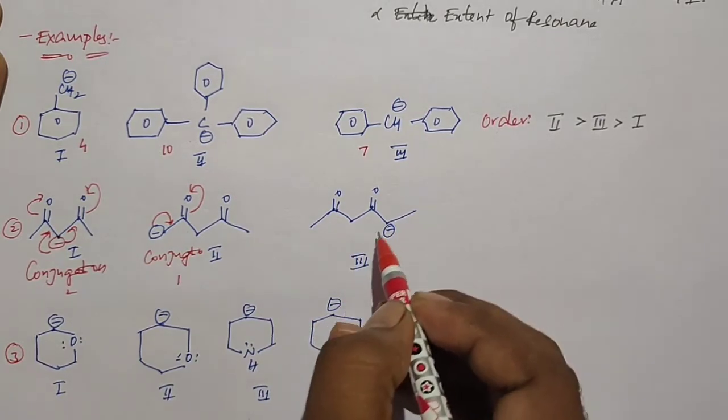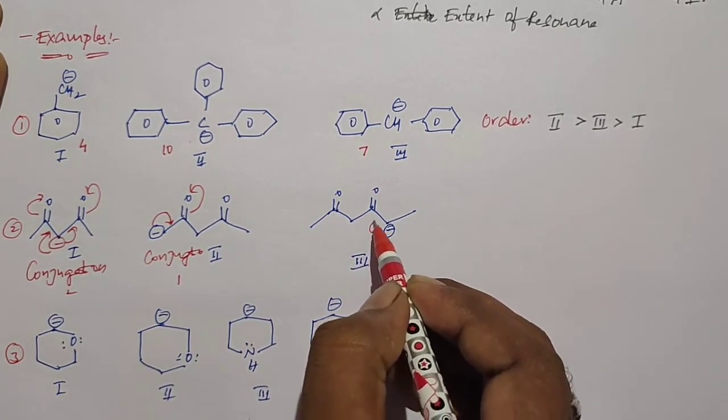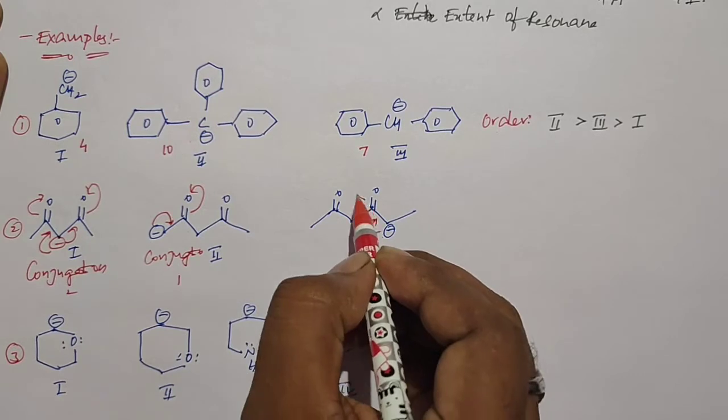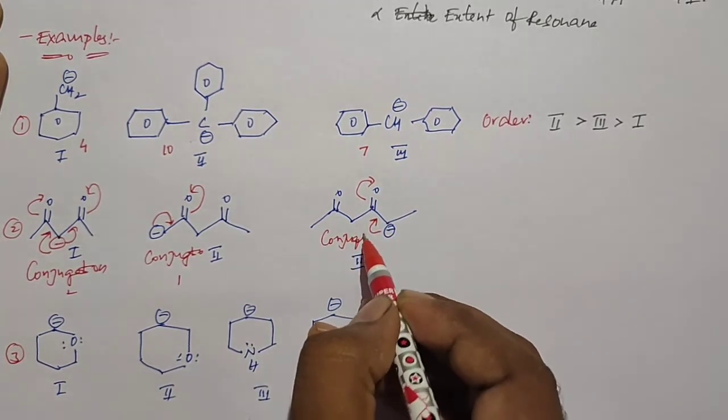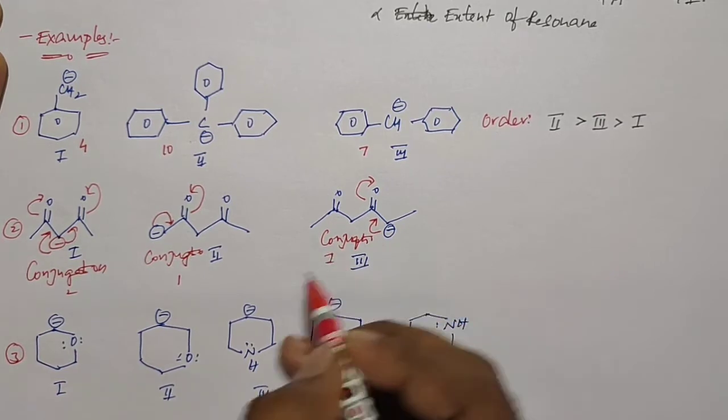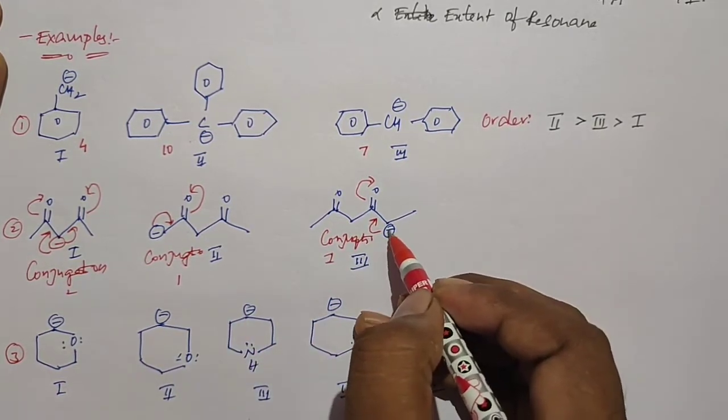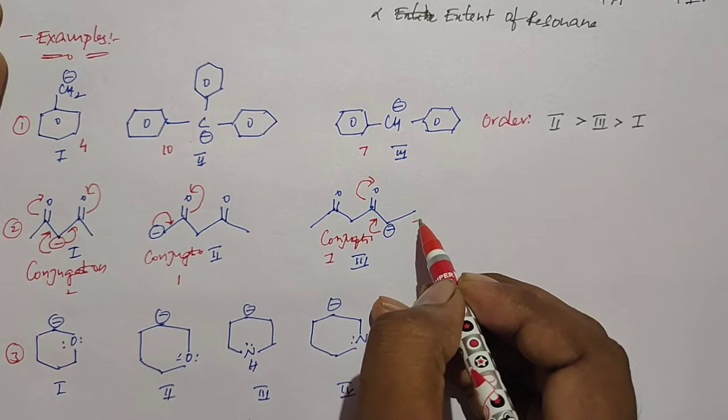When it comes to here also, the negative charge shifts towards the pi electrons, and these pi electrons shift towards the oxygen. Here also conjugation is present, with one conjugate structure, and this carbanion is attached to a plus I group. The plus I group destabilizes the carbanion. Due to that, the first structure is more stable, because of the formation of 2 conjugate structures. In the second and third structures, both can form one conjugate structure. But in the third structure, the carbanion is attached to the plus I group, which destabilizes it.